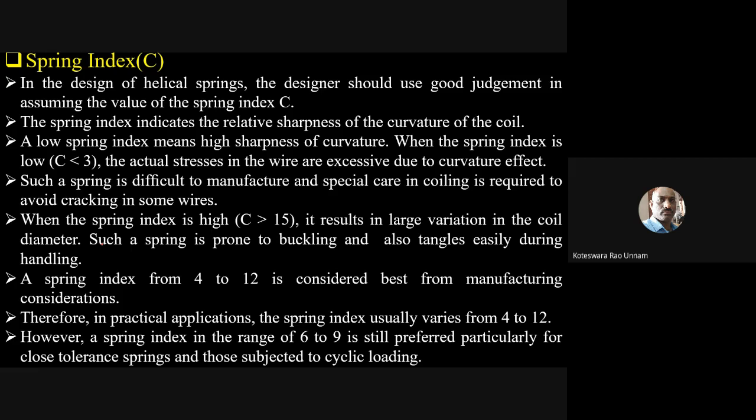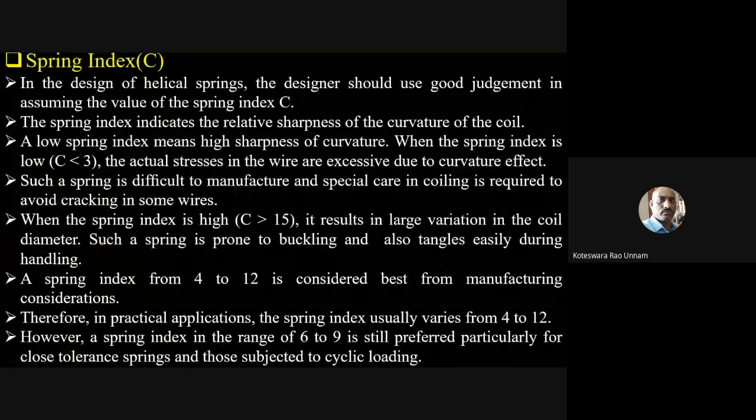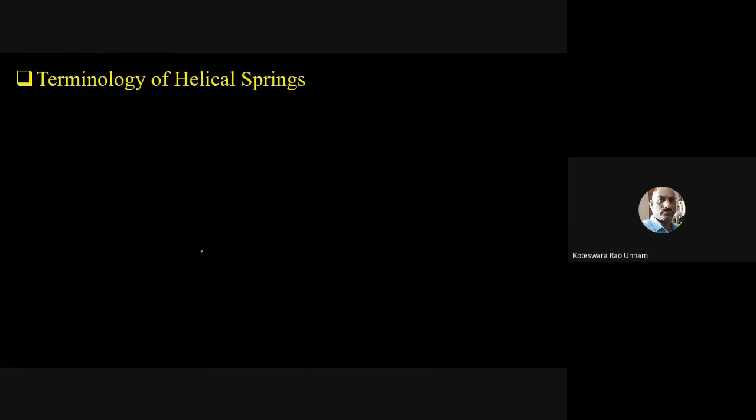They will give the data and ask you to design the spring for an application, and then you have to choose your spring index. So generally, when the load is steady or static, choose your spring index between 4 and 12. When the load is a fatigue load, choose between 6 and 9. You need to remember these points.